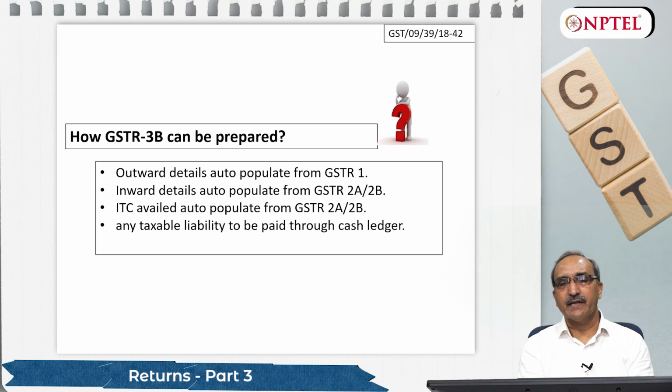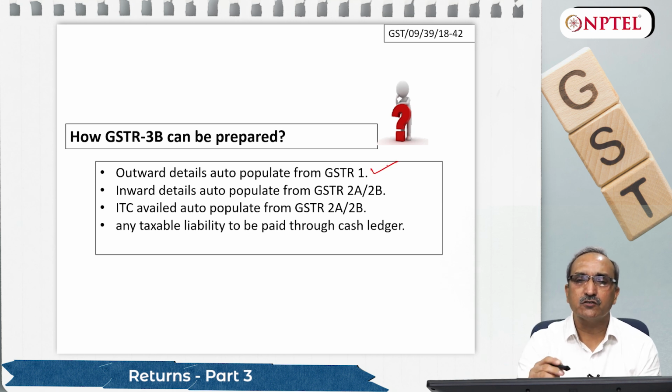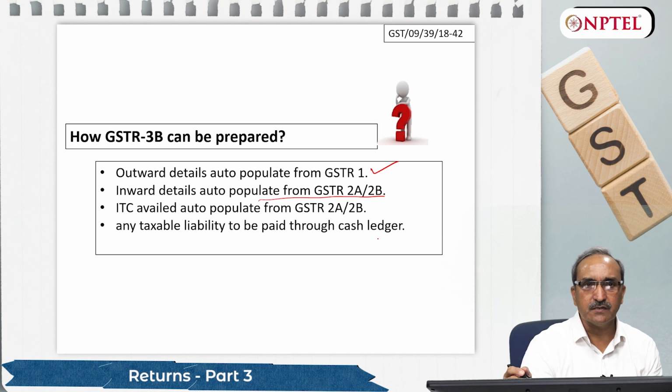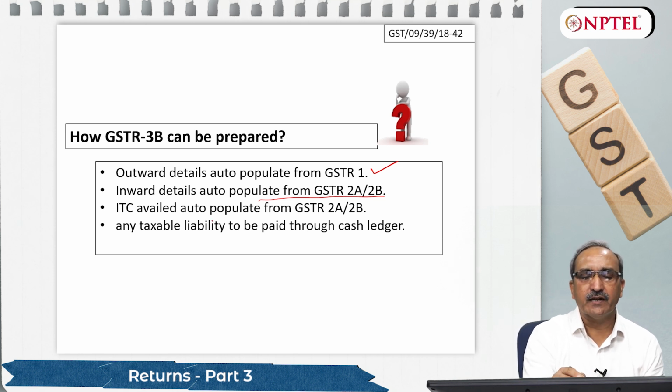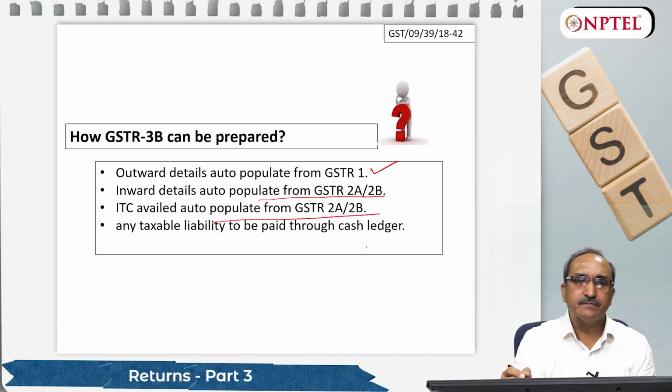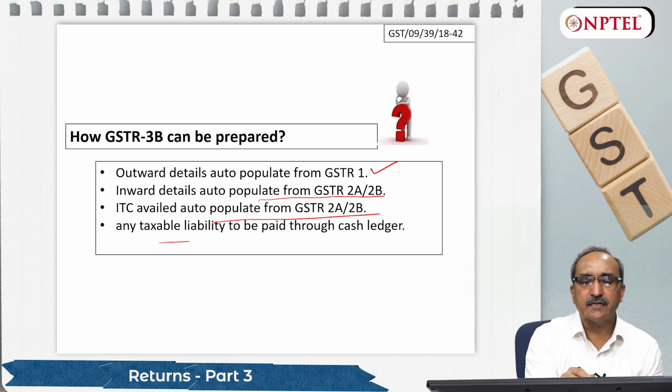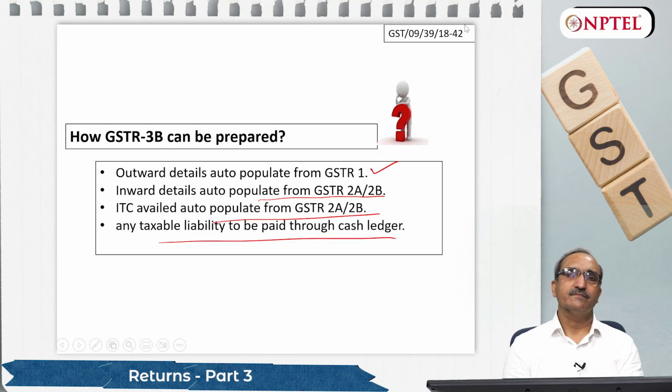So when we are preparing our GST 3B or calculating it, or for the sake of filing GST 3B, the calculations are made by referring to your GSTR 1, which is your sale, inward supplies to you which are auto-populated in 2A, 2B for your procurement, ITC availed auto-populated in 2B, and any tax liability to be paid in cash ledger.